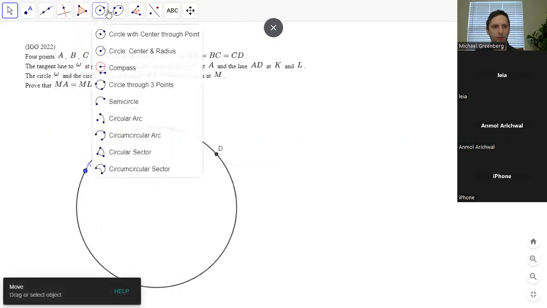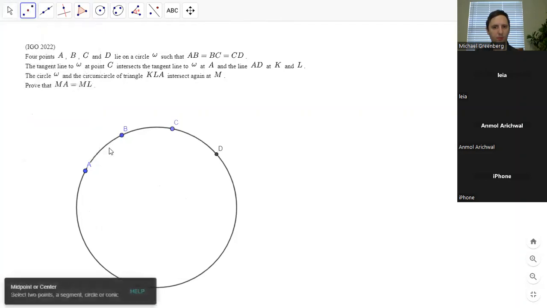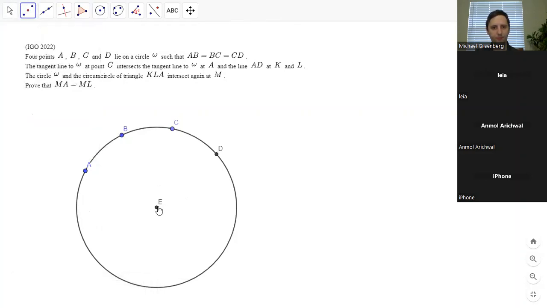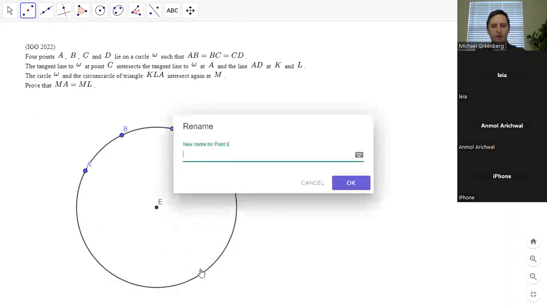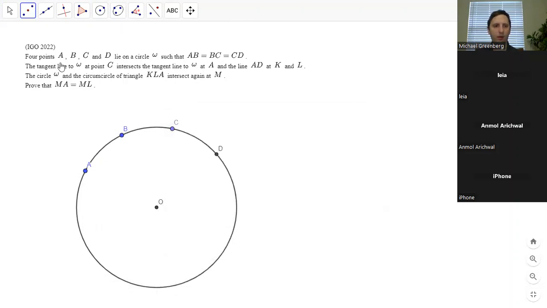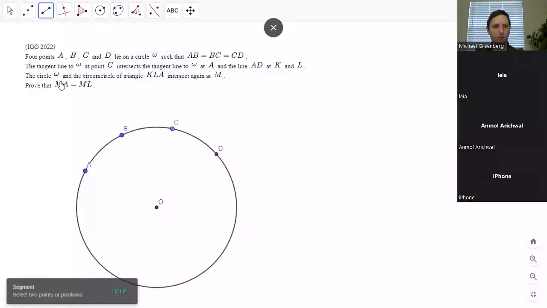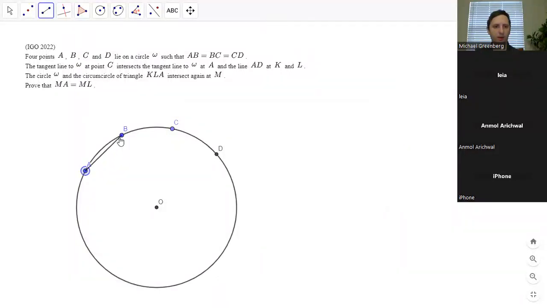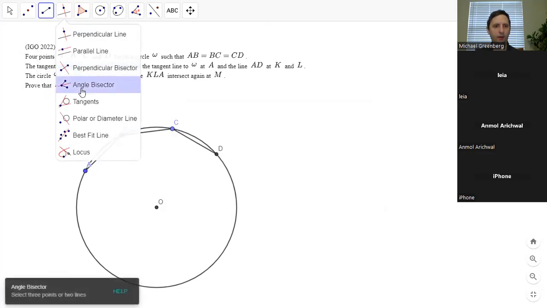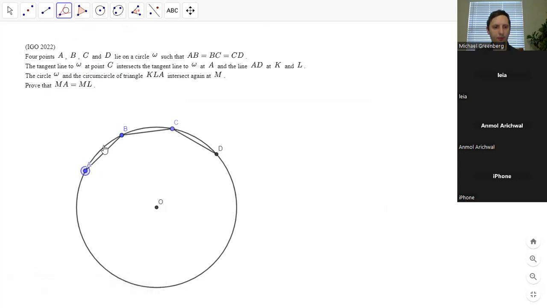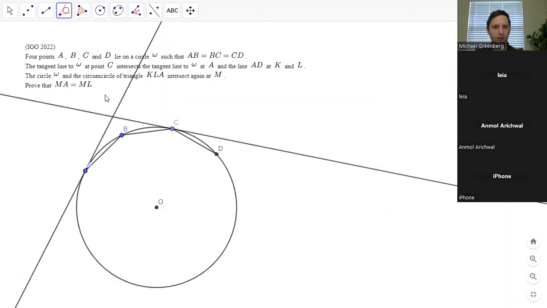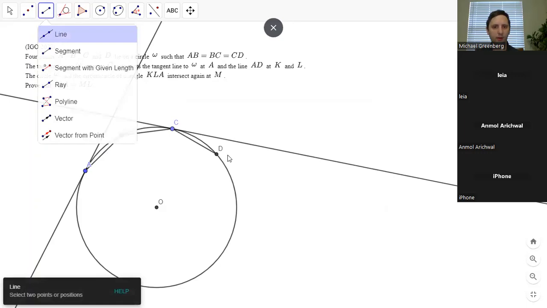I'm just going to call O the center of the circle. And the tangent line at point C intersects the tangent line at A and the line AB at K and L. So one tangent line, another tangent line, and then we also draw AB.